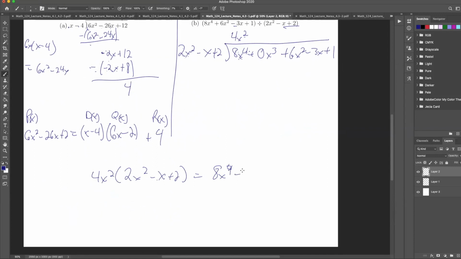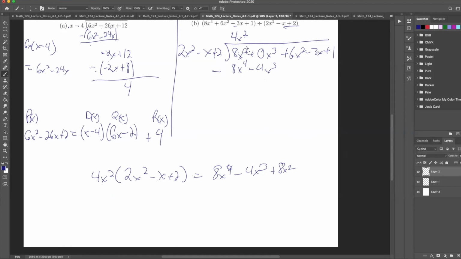4x squared times this would be minus 4x cubed, and then plus 8x squared. And so I multiply all this, so I'm going to minus all this out from here. And so 8x to the fourth minus 4x cubed.